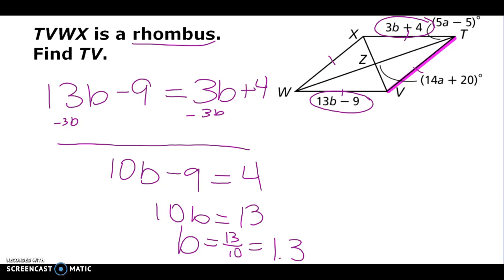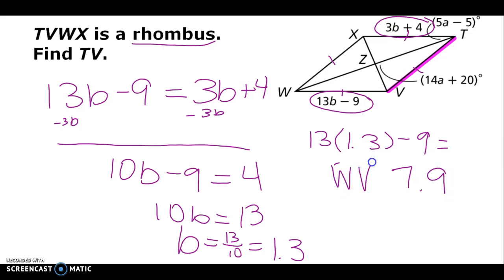So now that I have b, I can put it into either one of our circled ones. And that'll give us one of the side lengths. So if I find WV using the 13 times b minus 9, substitute it in, do 7.9. That's WV.